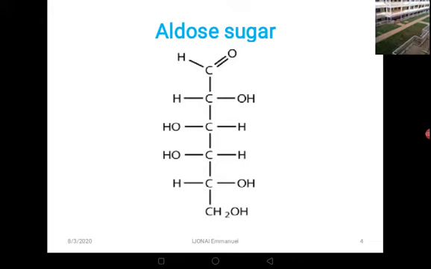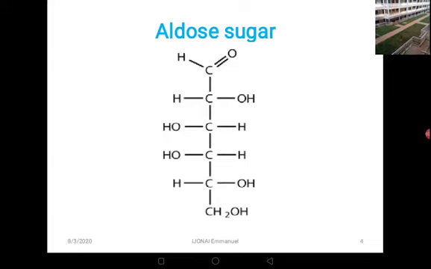An aldehyde is a carbonyl compound. You will see this in organic chemistry. Carbonyl compounds contain a functional group C double bond O. I want you to look for where that is in that structure. C double bond O, that one is a carbonyl group, the functional group for carbonyl compounds.